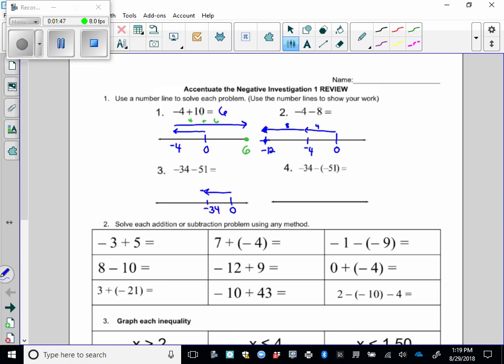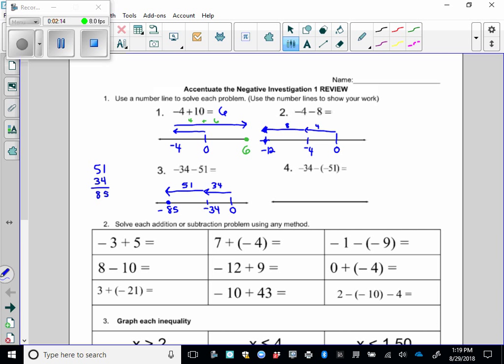So 51 would be a longer arrow, and since I'm subtracting, I would go to the left. And then, since this is 34 units, and that's 51 units, I'm essentially just adding up those two values. And I know that I'm in the negative side of the number line, so it's -85.